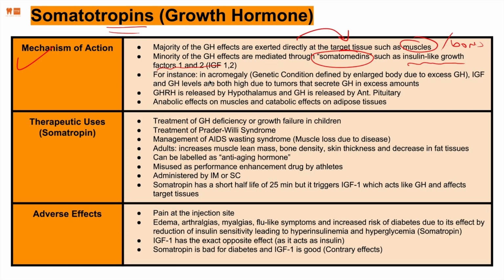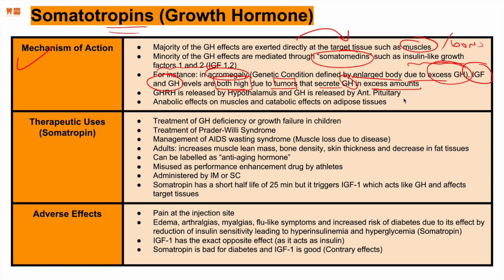So for instance, in acromegaly, what is acromegaly? It's a genetic condition defined by an enlarged body due to excess of growth hormone. So basically, it's a sister disease of gigantism. IGF and growth hormone levels are both high in this condition due to tumors that secrete growth hormone in excess amounts.